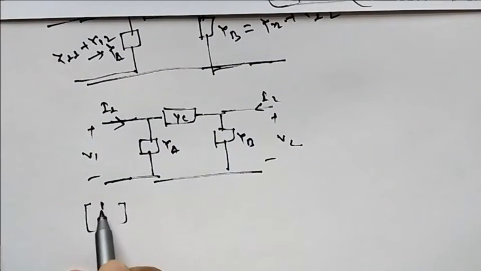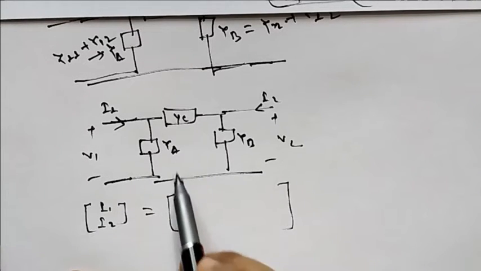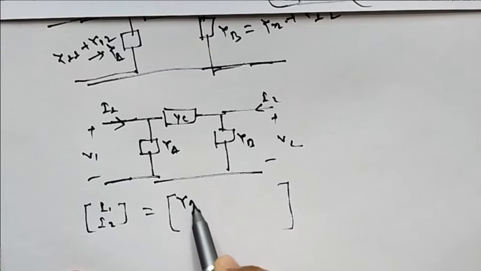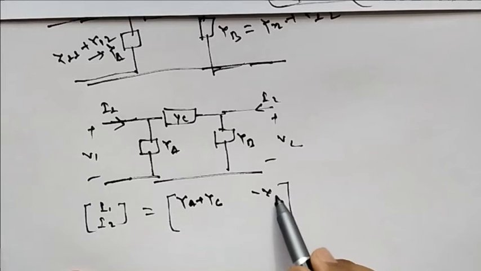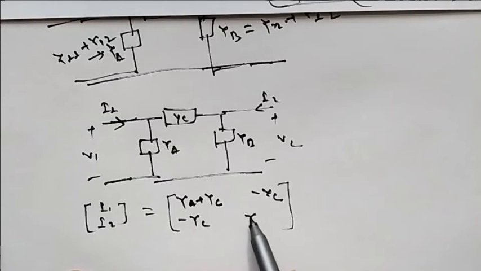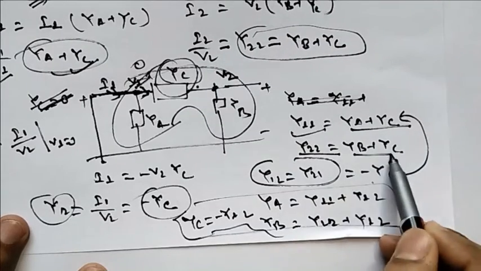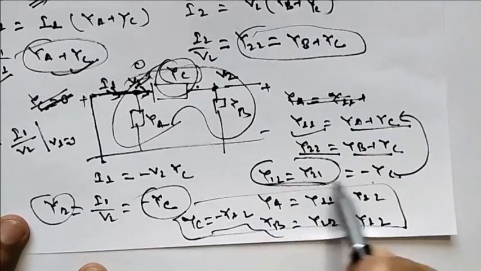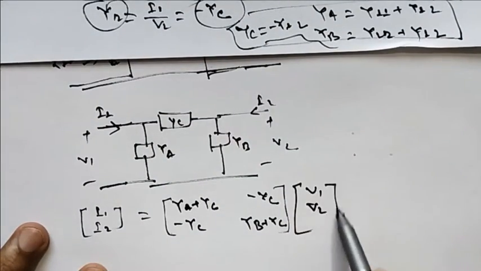Now writing i1 i2 in matrix form, y11 will be nothing but ya plus yc, from inspection we can directly write, this will be minus yc, and this is also minus yc, and y22 will be yb plus yc, because this we have just now calculated. Y11 is equal to ya plus yc, y22 is equal to yb plus yc, and y12, y21 is equal to minus yc, into v1 and v2.